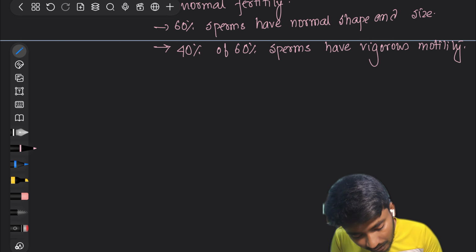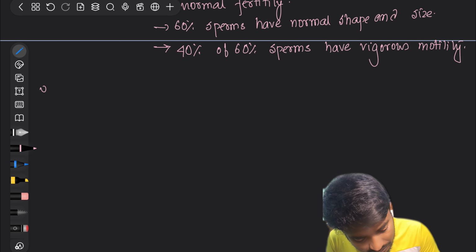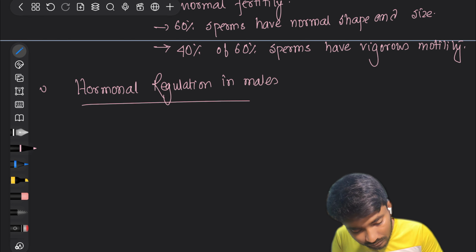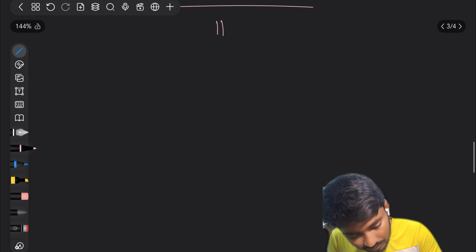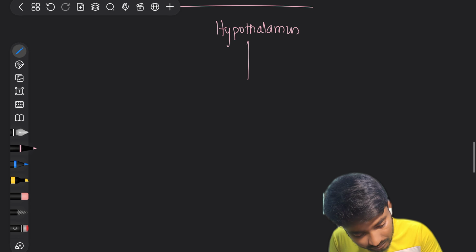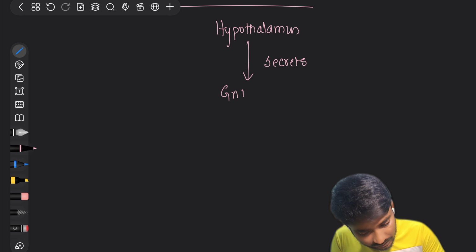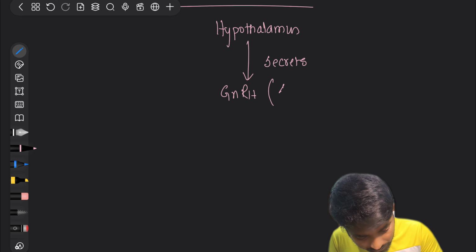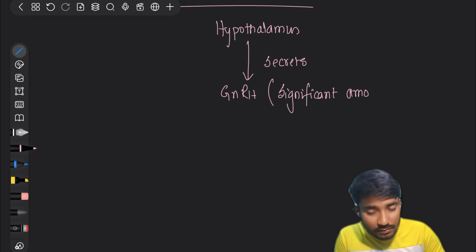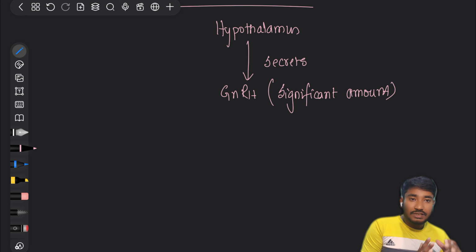Okay. Now the hormonal regulation in males. The hypothalamus secretes GnRH, and it targets the anterior pituitary.